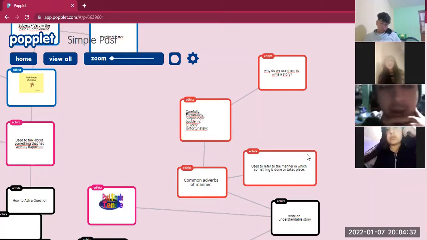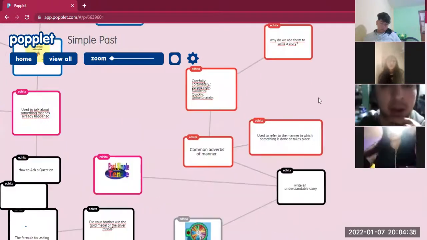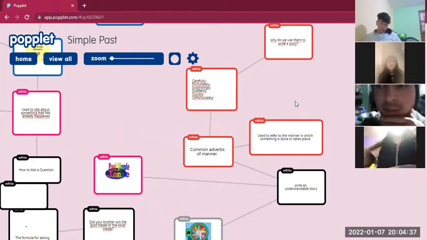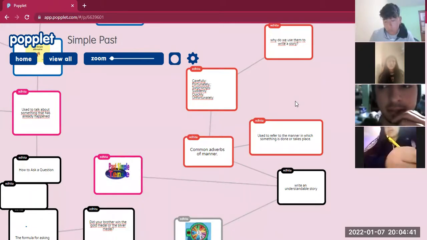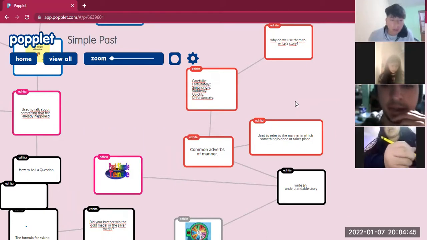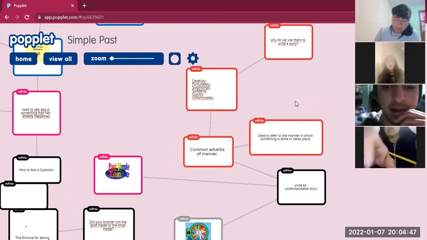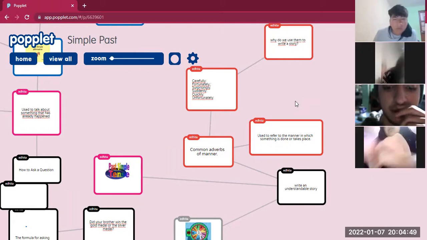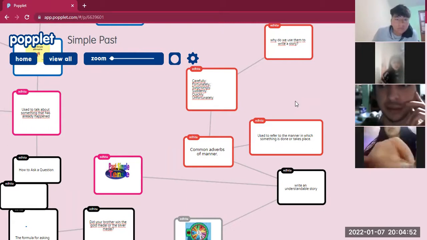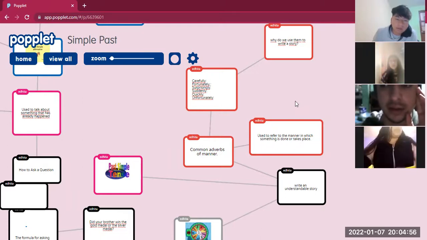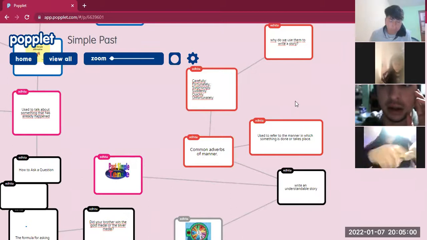Roger, could you say an example using an adverb? Carefully I closed the door. Yes, it's correct. Now, Alicia, could you share with us an example?